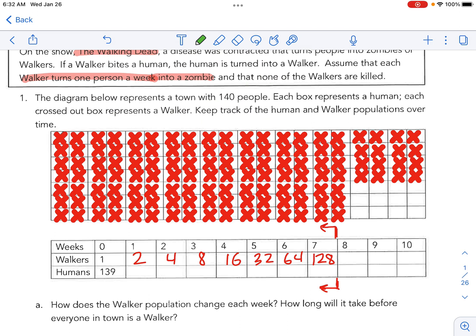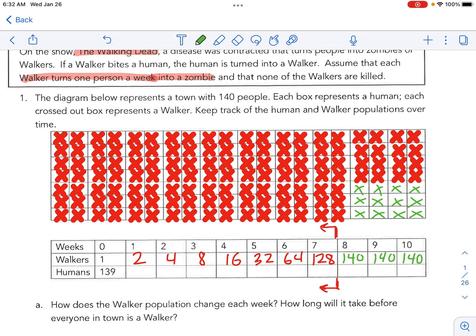So at this point, we've got 128 zombies. They could potentially bite 128 more people, but since we only have 140, then at week 8, the remaining people who haven't been bitten yet, which looks to be about 12 people, right? Those 12 people get bitten, and now the whole town are zombies.